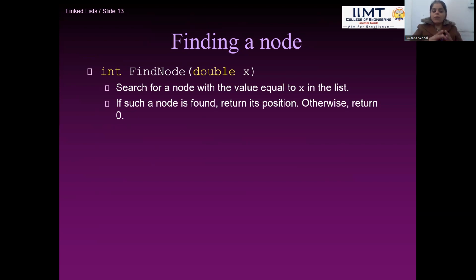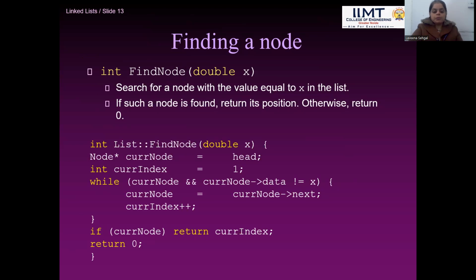It means if you are given a value and an address, you should know the way to find it. For finding a node, you should know the address of that node and the value or information of that node, which I've already told you about in the linked list. It is divided into two parts: one is the pointer, which is the address, and the other is the value or information.